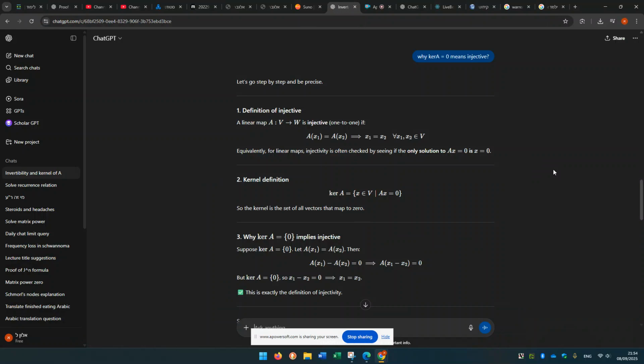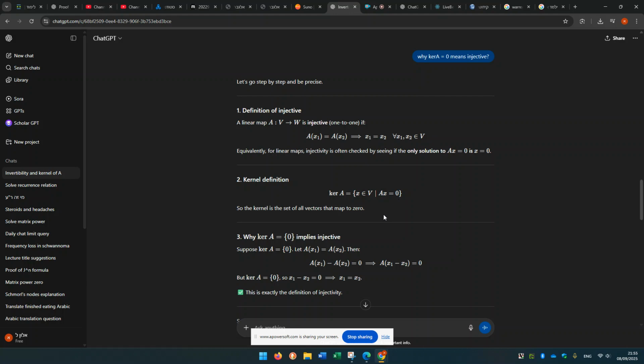In short, it says that if the kernel, the null space of a matrix, and it doesn't matter if the matrix is square or rectangular, if the kernel of a matrix A is all the vectors from the space it's going from such that A times the vector X gives us the 0, so all the vectors that, using the transformation, transform to the 0 vector.